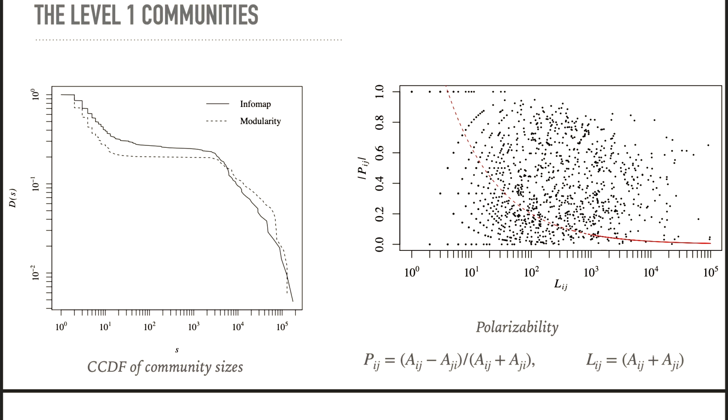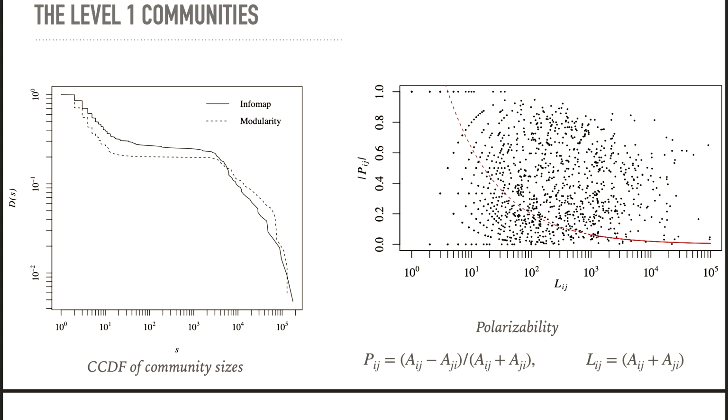The square root of 1 over Lij is the standard deviation for a random case: the mean will be 0, but the standard deviation will be 1 by root over Lij. This is the expected polarizability from the null model, and we see that most of the communities have a higher polarizability than this.